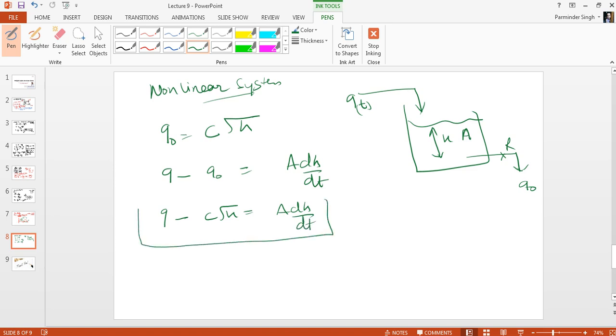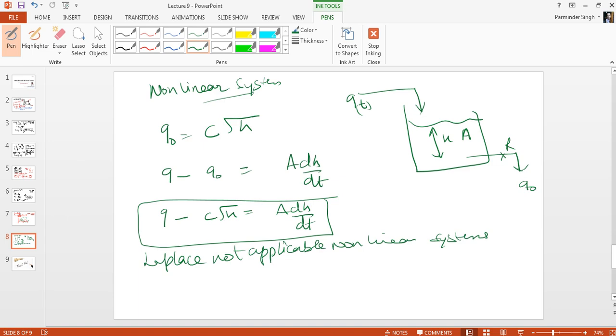Now this is a non-linear system, and Laplace is not applicable in non-linear systems. So how do we solve this equation?